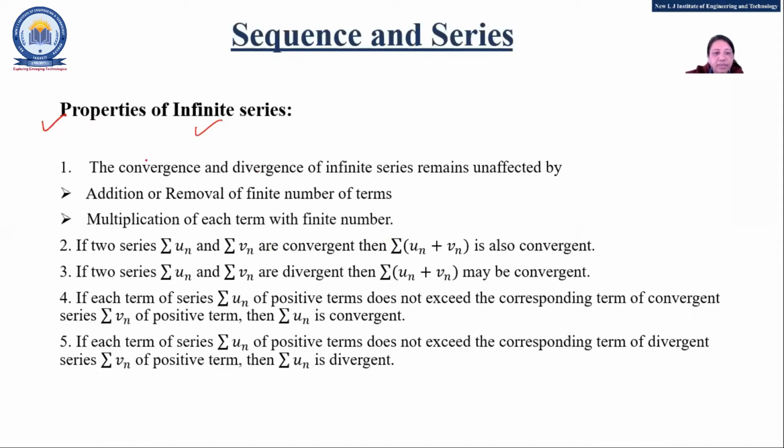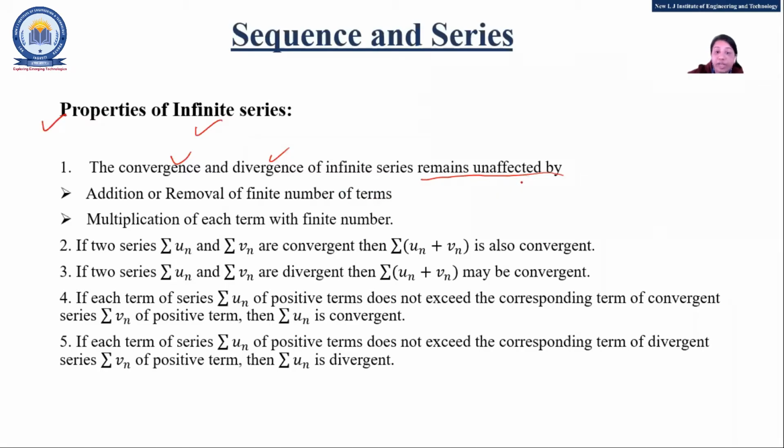Same like this, the convergence and divergence of an infinite series remain unaffected by the addition or removal of a finite number of terms. That means if any term is added or removed, the convergence and divergence of the infinite series is not going to be affected.